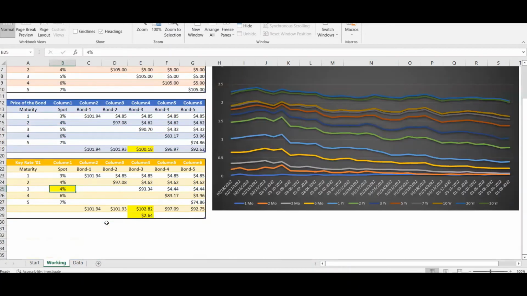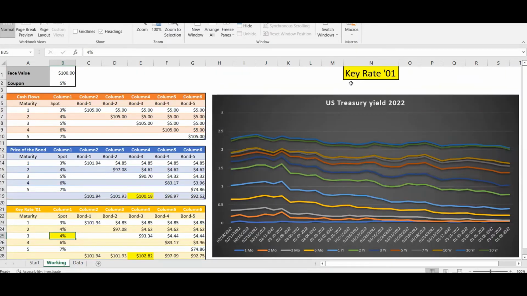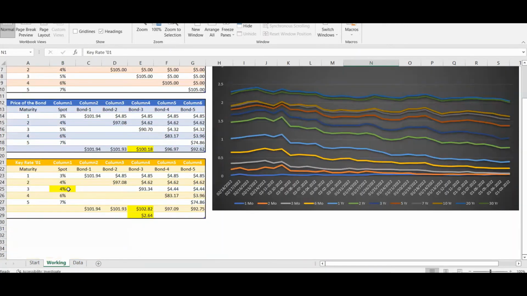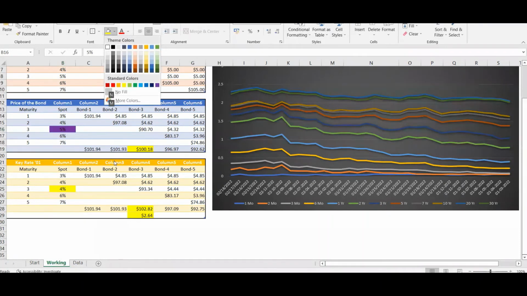So say, for example, if based on the portfolio manager's observation, they feel that the 3-year rate is the major driver of the current market bond price. So what they do to calculate key rate 01, basically the risk, is let me make this also yellow so that you can spot it.